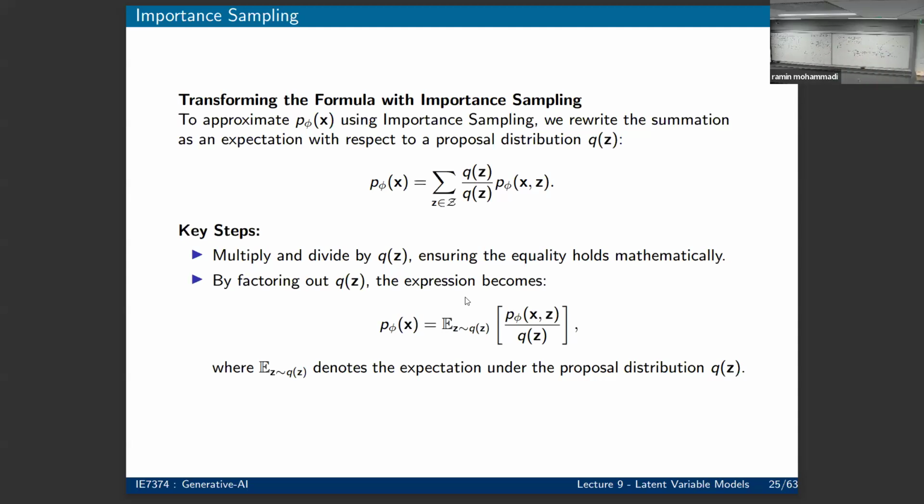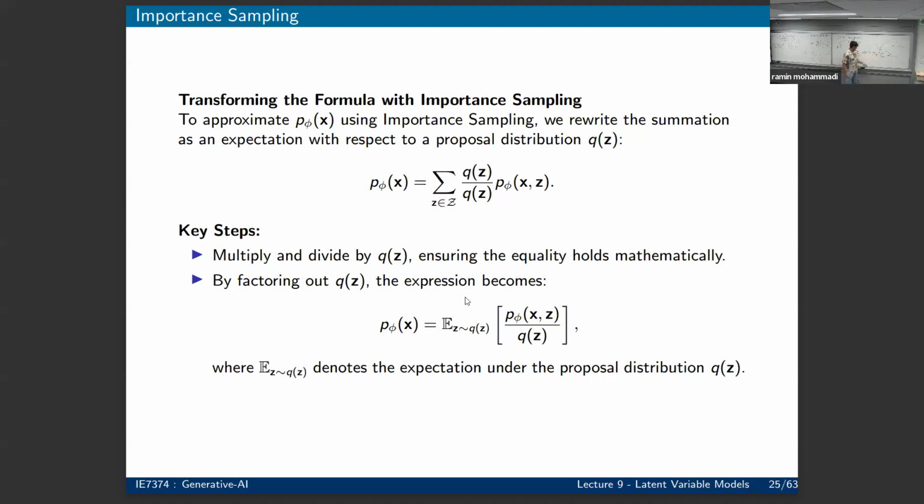And what does this remind you of? Summation of Y times P of Y. Expectation. So this becomes the expectation of this term with respect to points that you sample from this Q.